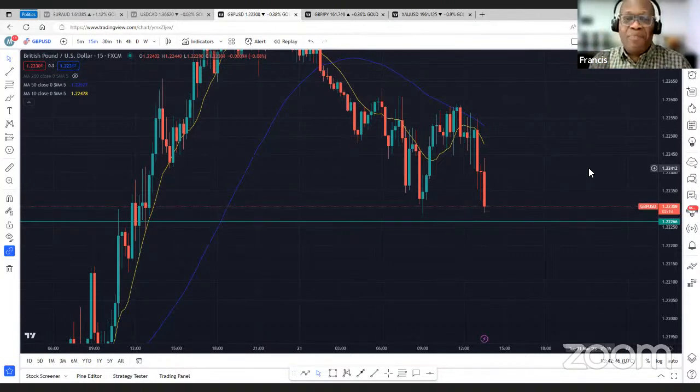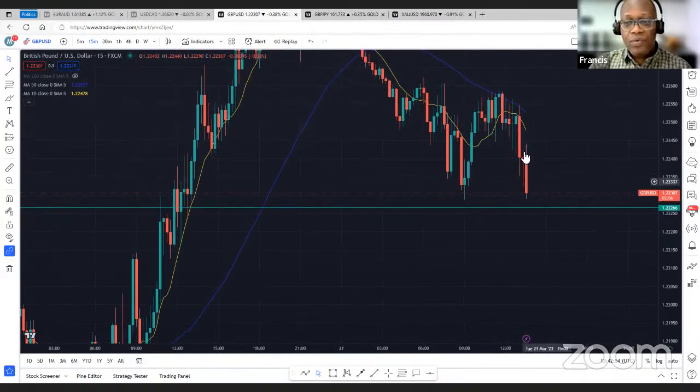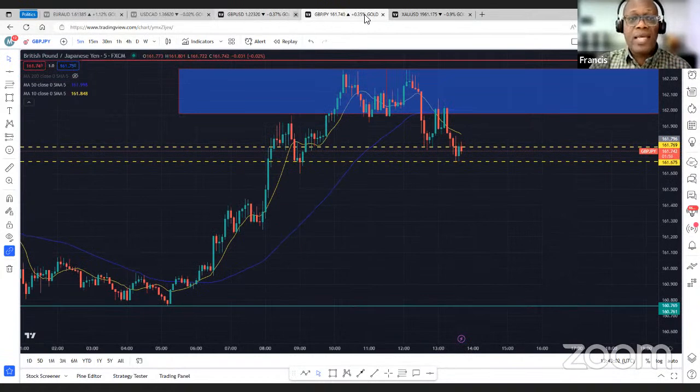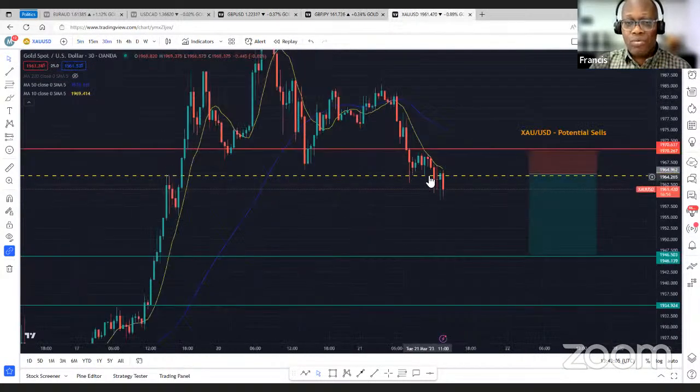Give or take 15 pips and you should be fine. So with this one now, this candle might close even lower, so we'll keep an eye on it. That's exactly what's playing out with GJ at the moment, as well as gold.